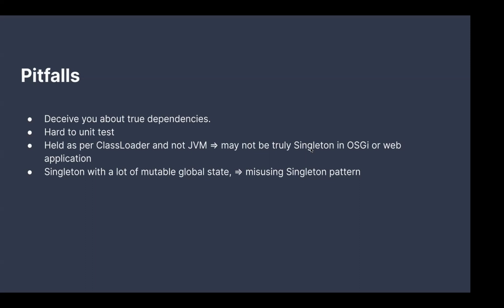Say you're running a web application in a web container, and your singleton class is deployed in two separate web applications which are running in the same Tomcat instance. At the end you will have two singleton instances in that single JVM. So if you are using the same container and running two different applications, your singleton might not actually act like a singleton.